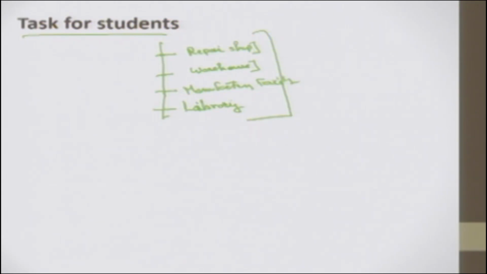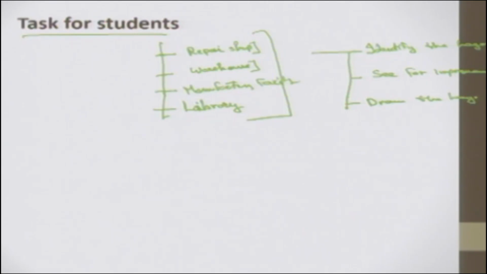And try to look. So the steps here would be, first try to identify which type of layout is there. Then see for improvements. Then take a paper and a pencil, and draw the layout.